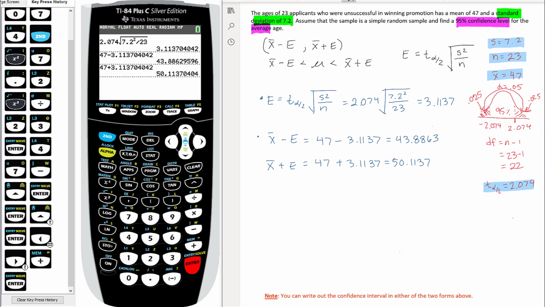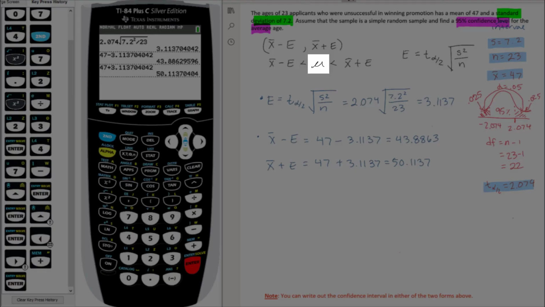This population parameter is going to be based on what you're looking for. Here we were looking for the confidence interval. This should say interval, by the way, not level. So find a 95% confidence interval for the average age. This confidence interval is for the average or mean, so the mean would be mu.